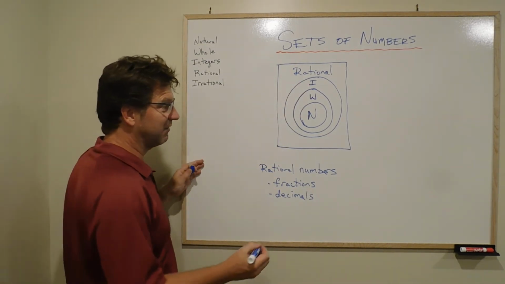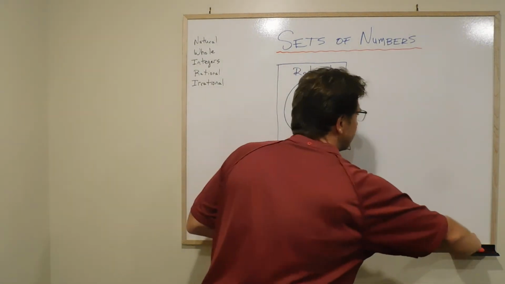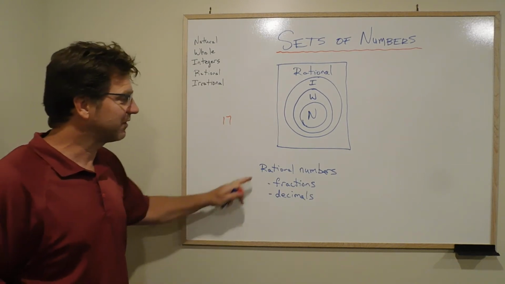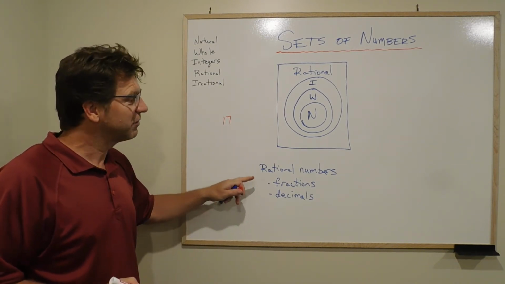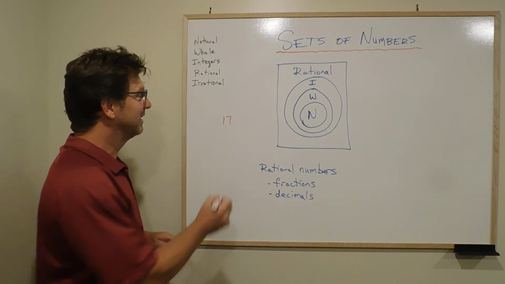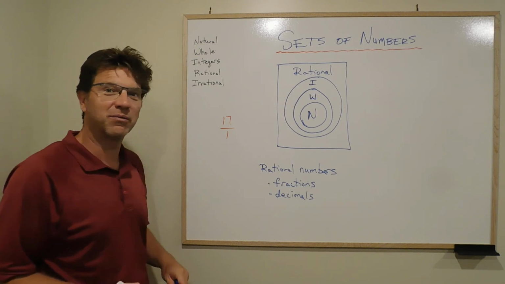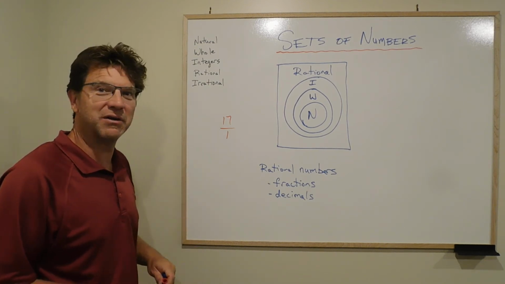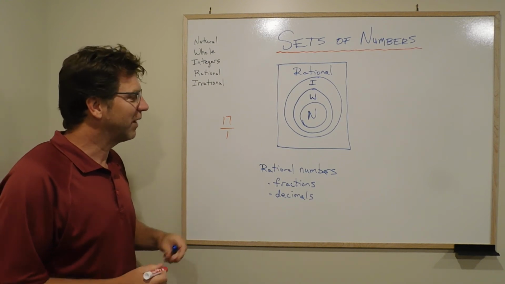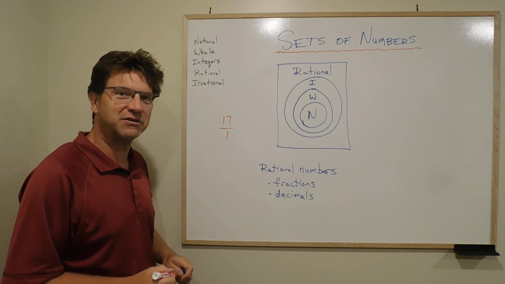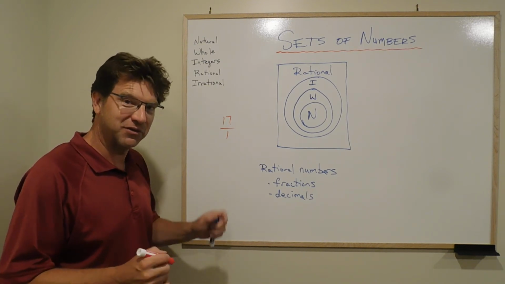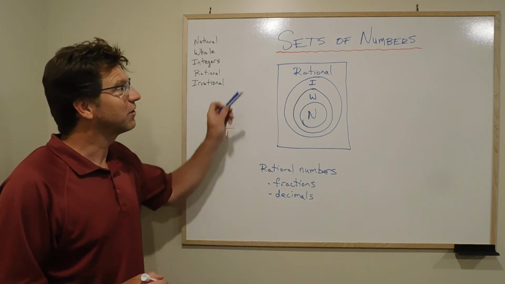Because if I took, we'll do it right here, the number 17, that's not a fraction or a decimal. But it's all the numbers that can be written as fractions. Can I write 17 as a fraction? Yes, I can. 17 over 1. Okay? It's a little bit of a cheap way to do it, but you can write 17 as a fraction, 17 over 1. So anything that can be written as a fraction, okay, and almost all decimals, because almost all decimals in a sense could be written as a fraction, are called rational numbers.